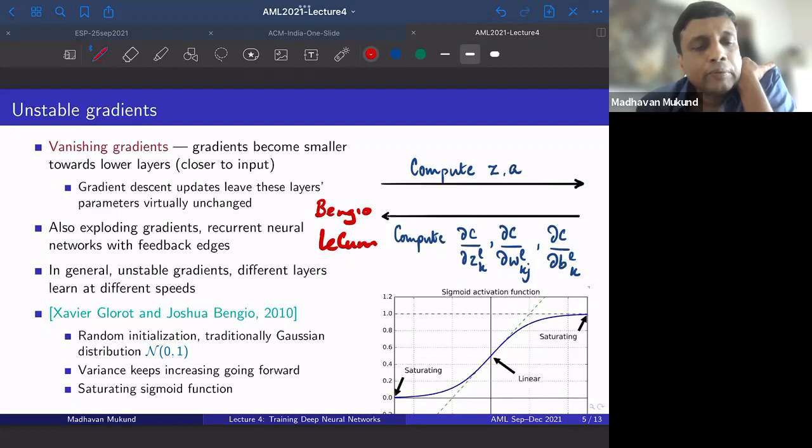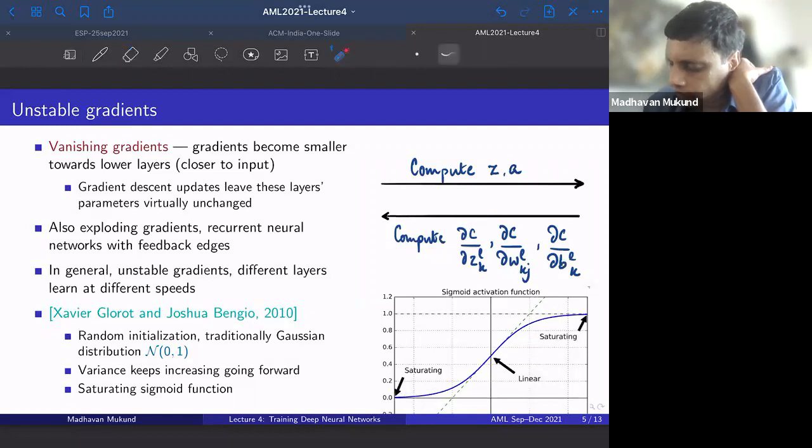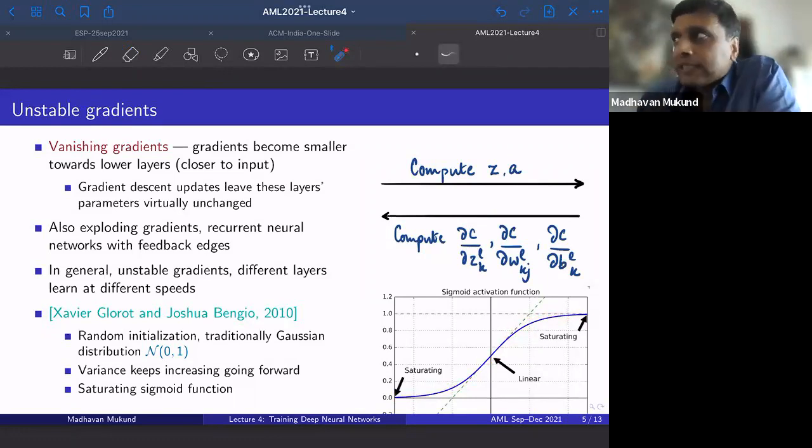So what Glorot and Bengio said is that the problem is really that traditionally, people were using sigmoid as the activation function. And the motivation for using sigmoid really came from the same motivation as neural networks. So why are we using neural networks? Because in a sense, this whole thing is driven by our attempt to understand how we think and learn. Our brains are wired this way. We have neurons which fire at thresholds and they are connected together as networks.